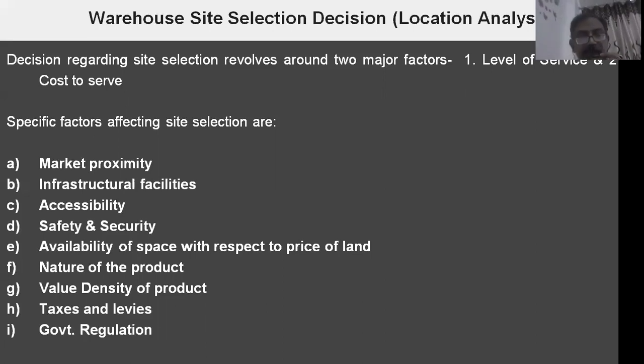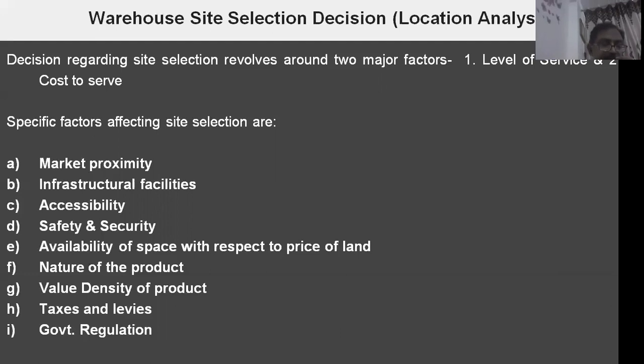And some factors which affect the site selection decision: first is your market proximity, so how close we want to be to the market. Then infrastructure facilities available. At the place where we want to have our warehouse, do we have a road there? Is electricity available there? Is a telephone connection available there?